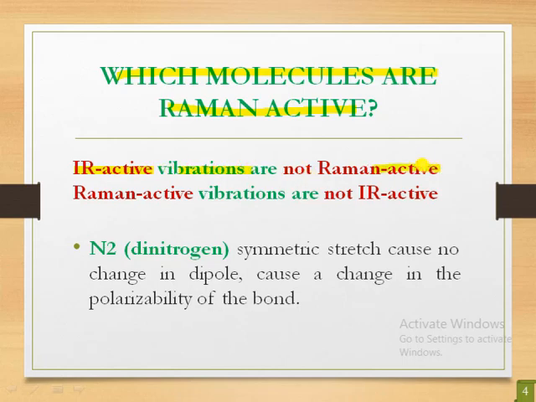That means the molecules which cannot be measured by IR spectroscopy will be measured by Raman spectroscopy, and the molecules which cannot be measured by Raman spectroscopy will be measured by IR spectroscopy. So Raman active vibrations are not IR active. If you understand which molecules are IR inactive, you can understand the same molecules will be Raman active.